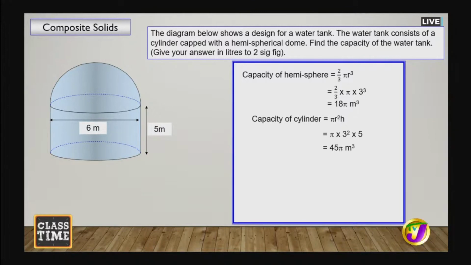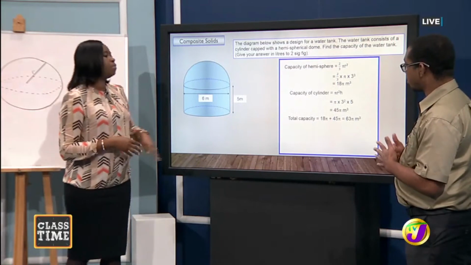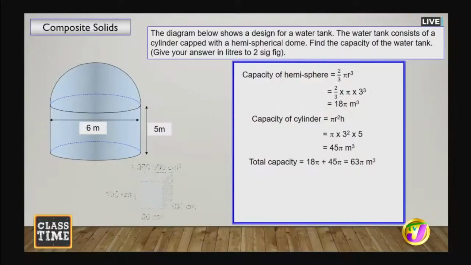So therefore, the total capacity for this cylinder-capped water tank is... It's two shapes being combined together, so we're going to be adding them to get 63 pi cubic meters. Cubic meters. Okay. So we have cubic meters.